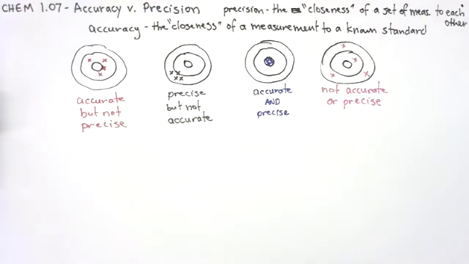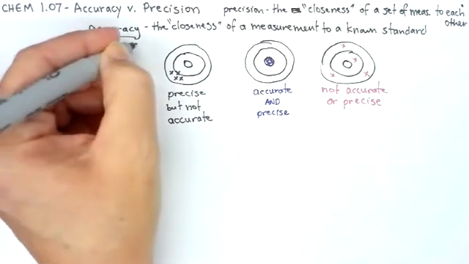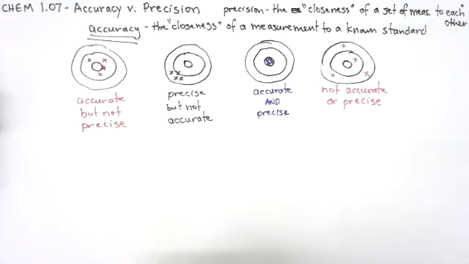Well, why does this matter? Again, we can have any one of these scenarios: precise but not accurate, accurate but not precise. And we focus more on accuracy, because if something's not accurate, it's not really data we can use.